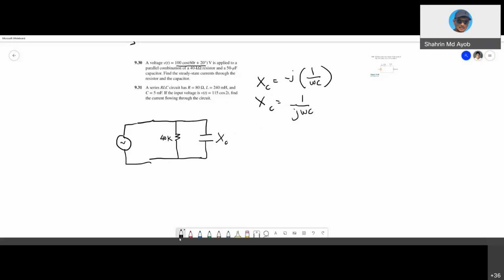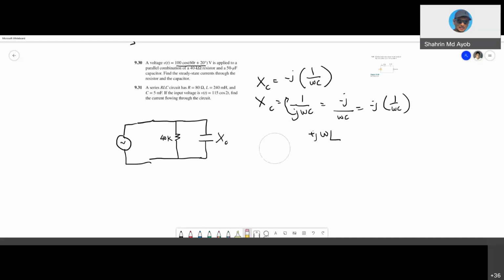If you want to make the j at the upper side, you need to put a negative sign, so negative j omega C. That's why we have negative j 1 over omega C. And we have another one, which is the reactance for the inductor, which is positive j omega L.